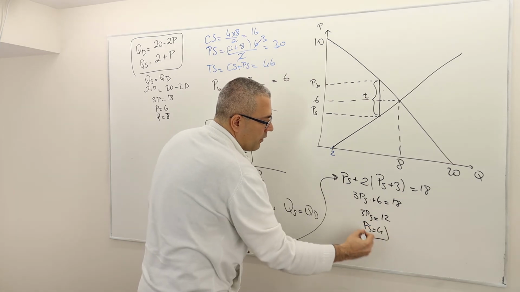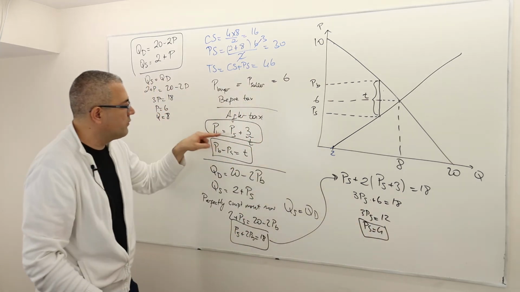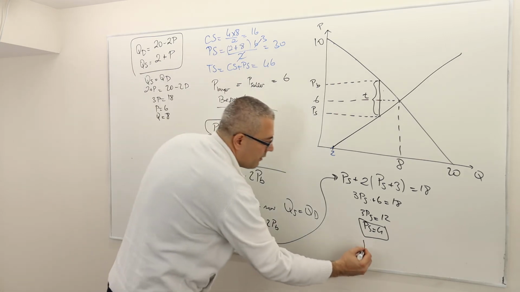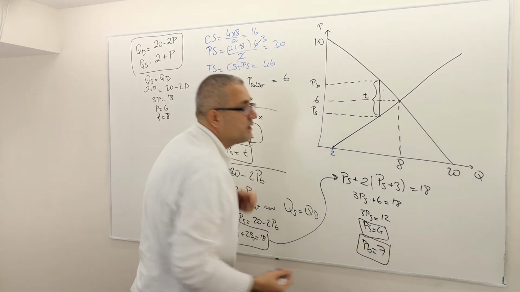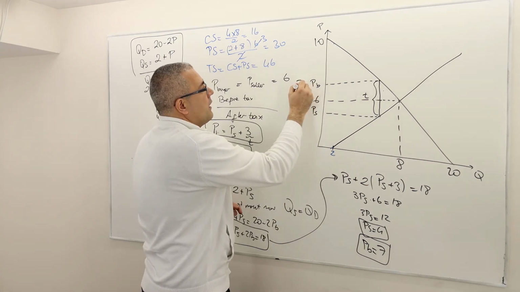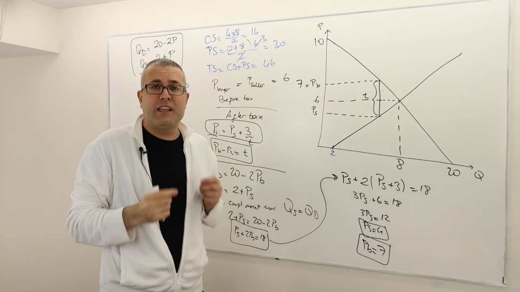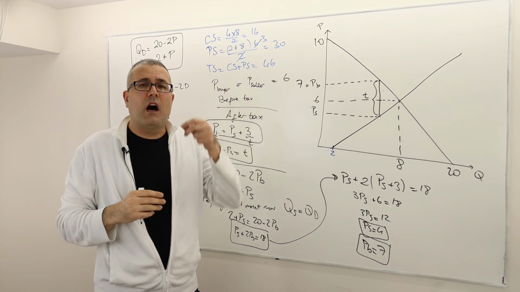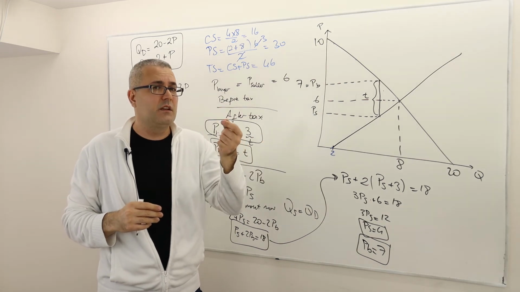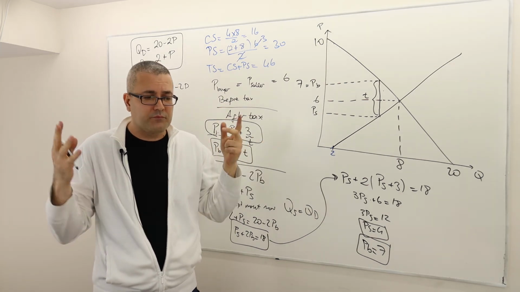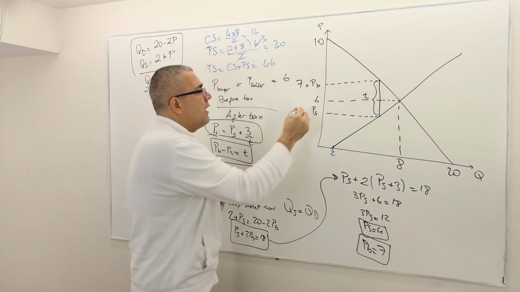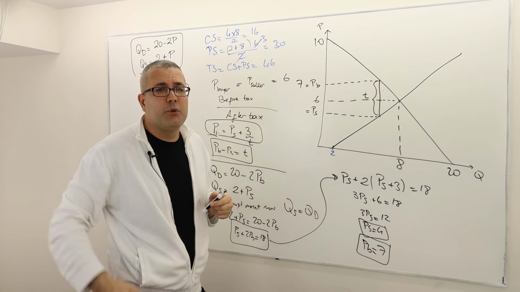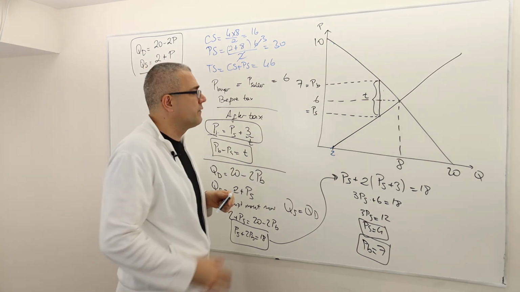PS equals 4. Once I found PS, what is PB then? PB is equal to 4 plus 3, which is 7. So after tax, the buyers are going to pay $7. It's no longer 6. So after tax, the price has increased. And the sellers, they're not going to be able to put $6 in their pocket, unfortunately.